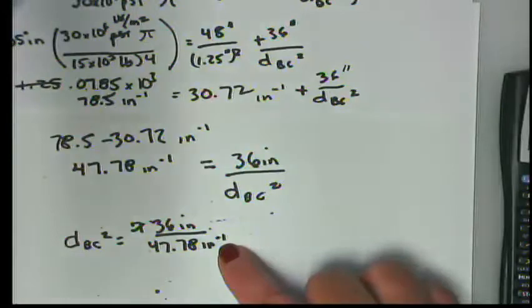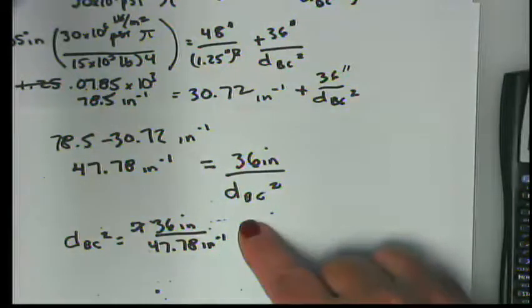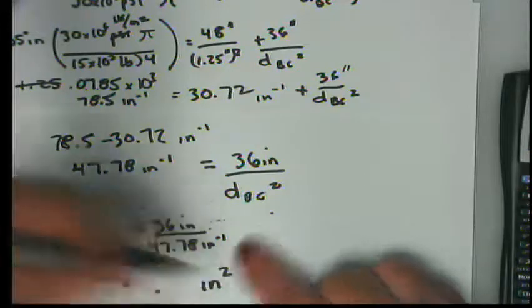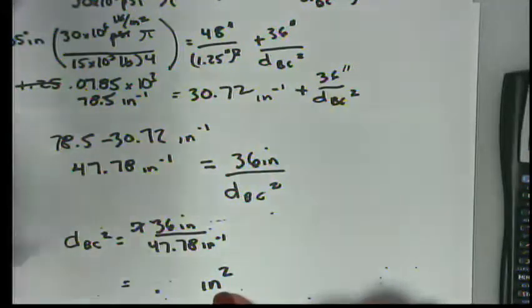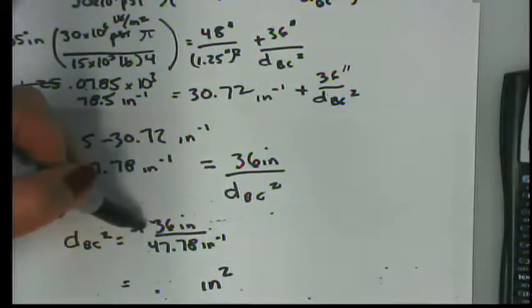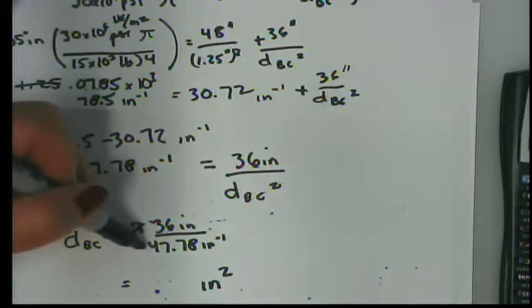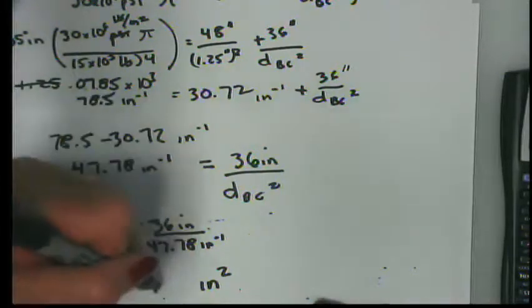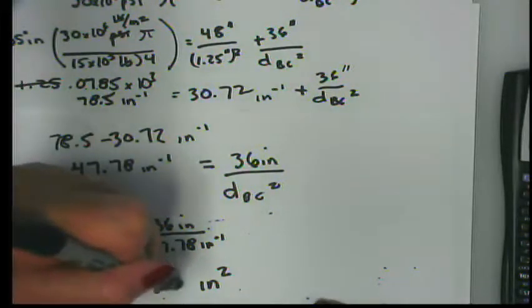Inches to negative 1 in the denominator becomes inches in the numerator, so the unit on this side of the equation is inches squared. The numeric value is 36 divided by this, which is 0.7534.